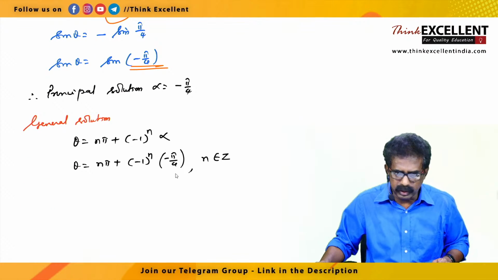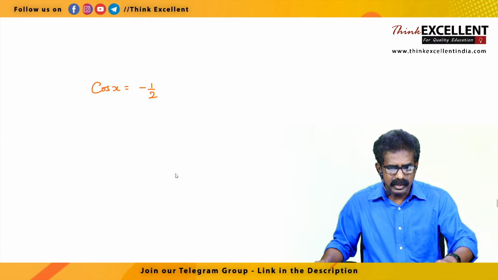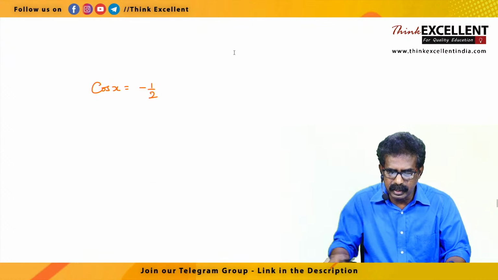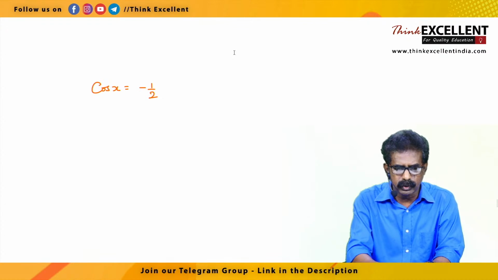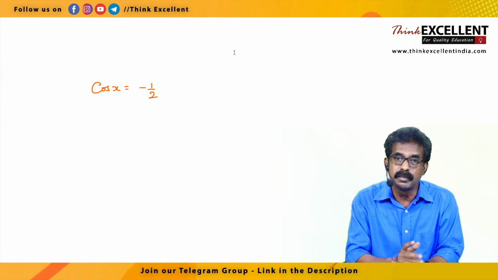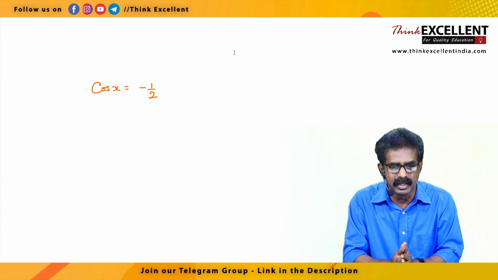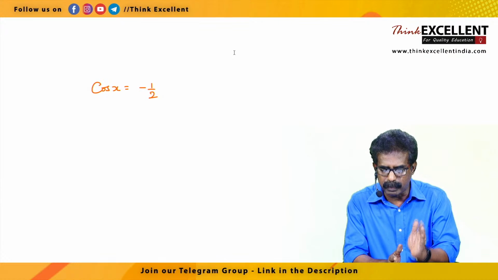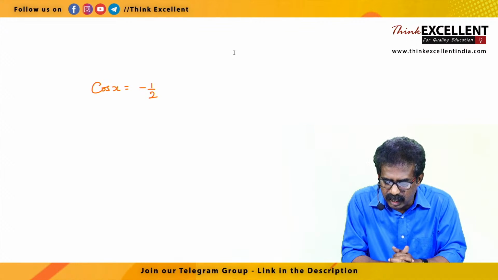Okay, now I'm going to give you one question. Cos x equal to minus 1/2. I don't want the final answer. நீங்கள் டைப் பண்ண முடியாது. I want only the principal solution. Alpha value மட்டும் கண்டுபிடிங்க. You find alpha value. Cos x equal to minus 1/2. Then what is our alpha?